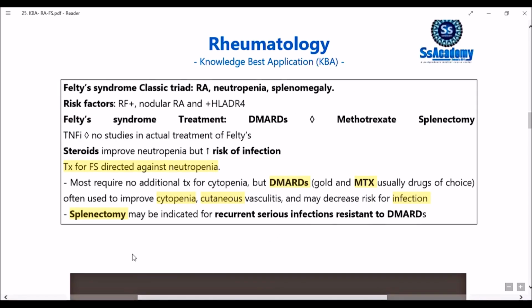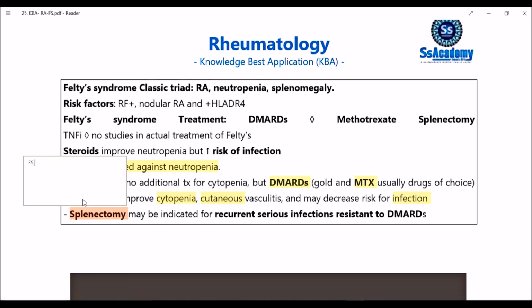So we can make a box and note for the Felty syndrome treatment, so that will be helpful, right? Felty syndrome treatment, we can write F4 folate, methotrexate is the first line treatment, and S for splenectomy.